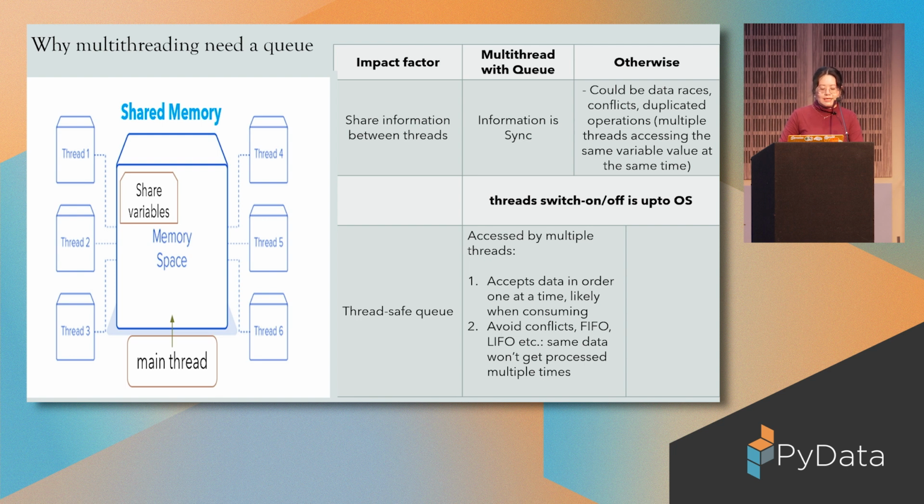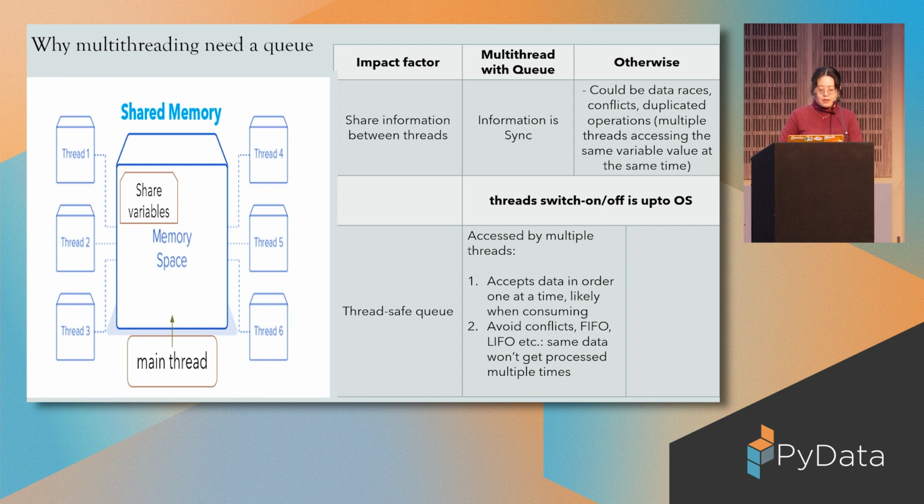So we need a thread-safe queue to solve this problem, because when threads switch on and off is beyond our control, and it's up to the operating system.